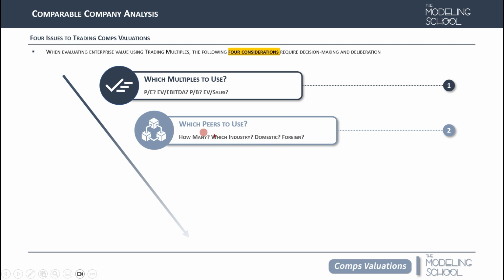In some industries, the peer selection is quite straightforward. For instance, if you're to value AT&T, we have very straightforward competitors in each geographic market. That's the characteristic of the telecom industry.